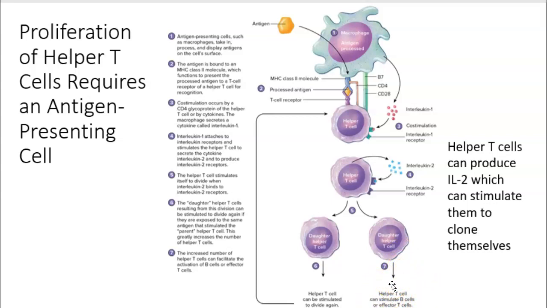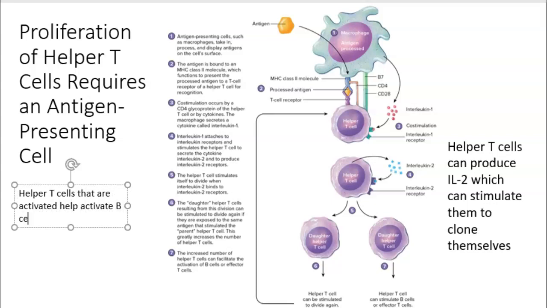So the function of helper T cells, if I was in class, I'd be writing stuff on this PowerPoint, right? Helper T cells that are activated help activate B cells and other T cells. So some people say that helper T cells are essentially like the sergeants or the generals of an attack, right?